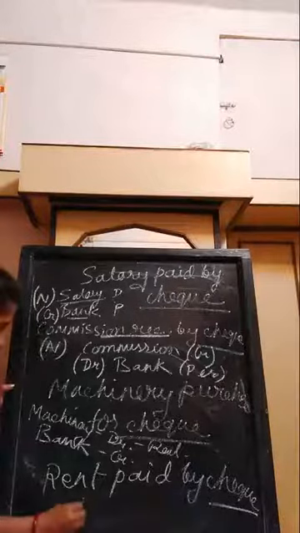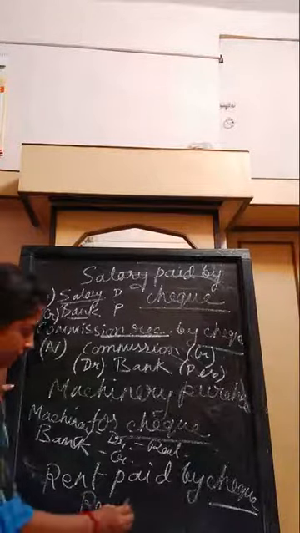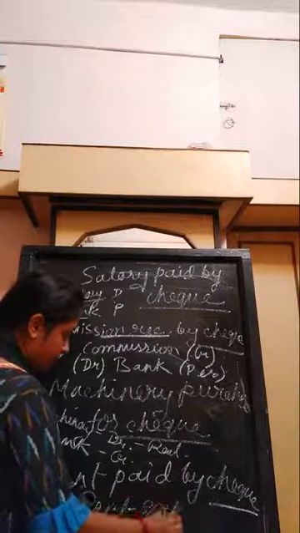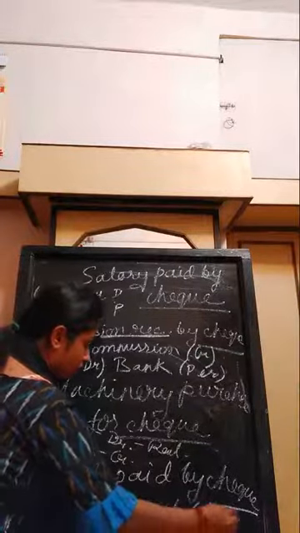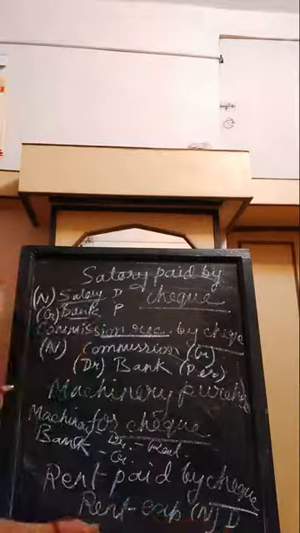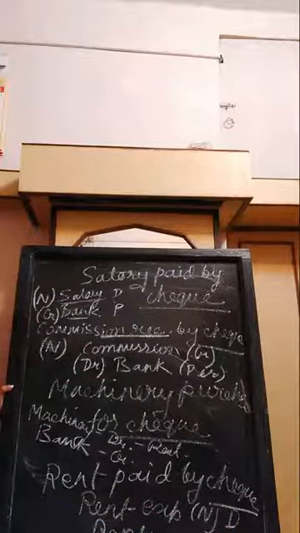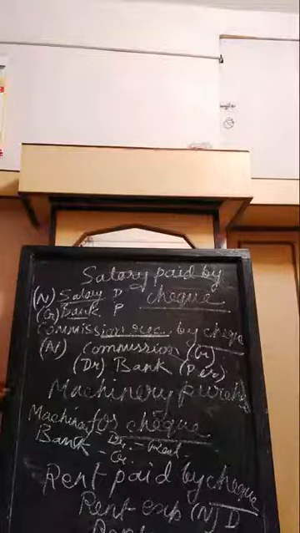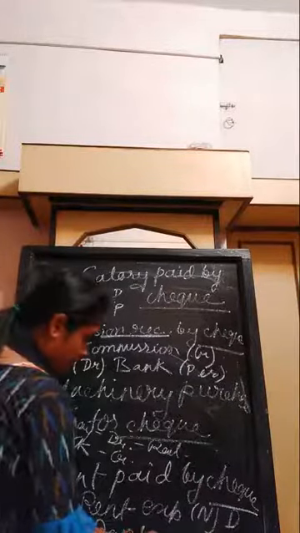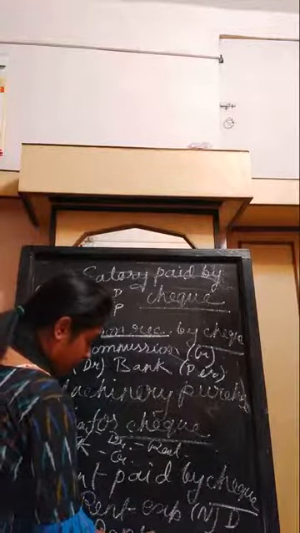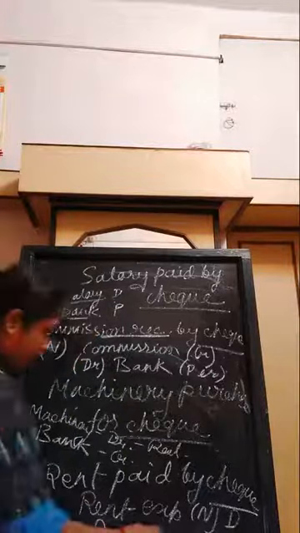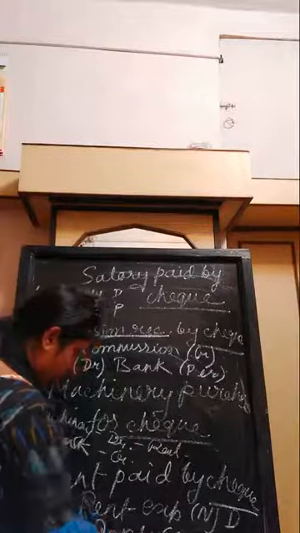Now rent paid also: rent will be debit. It is an expense, a nominal account, so it will be debit. And bank will be credit. Bank is the giver. Credit the giver, that's why it will be treated as credit. Bank is a personal account.